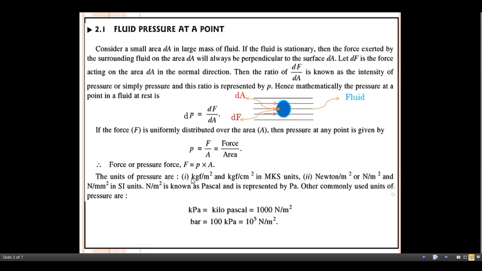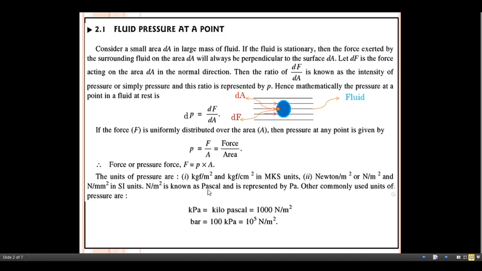The units of pressure are, first, kgf per meter square and kgf per centimeter square in MKS units. Second, Newton per meter square, and Newton per mm square, in SI units.